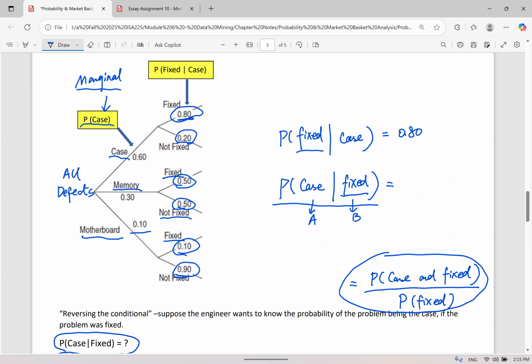Now from this formula, what do we need to get? The top is a joint probability, right? So let's think about how to get this probability of case alignment and fixed defects. How do we get this joint probability?